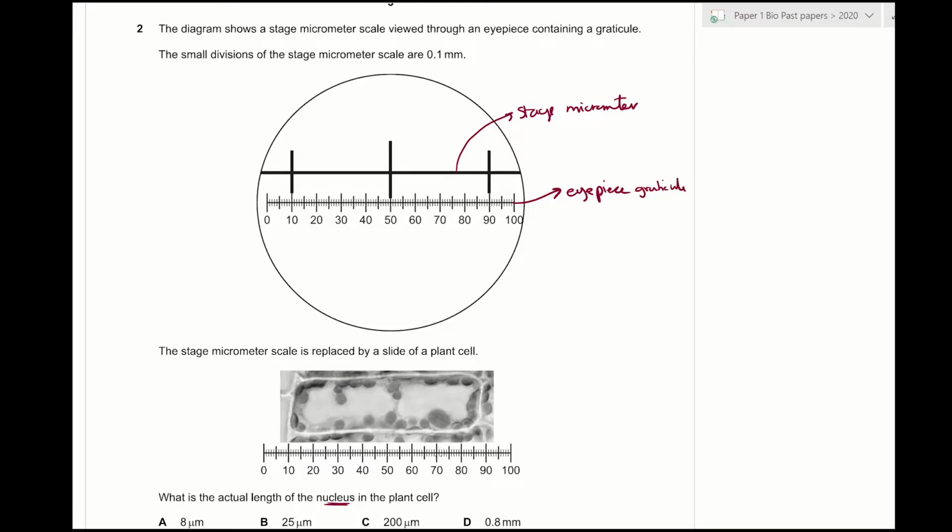Here it says that the small divisions on a stage micrometer scale are 0.1 millimeters, but we have to convert them to micrometers. So what we do is multiply 0.1 by 1000, giving us 100 micrometers for each division.